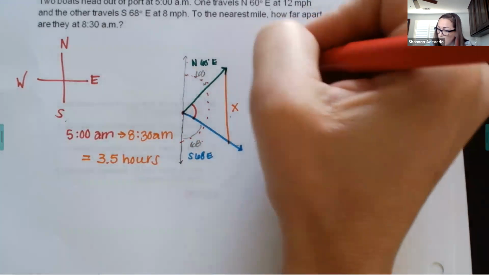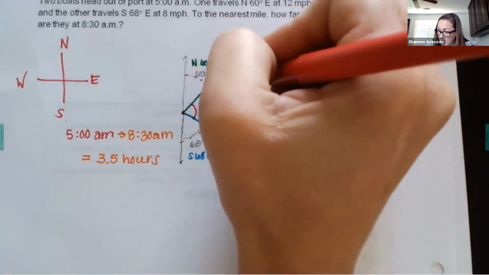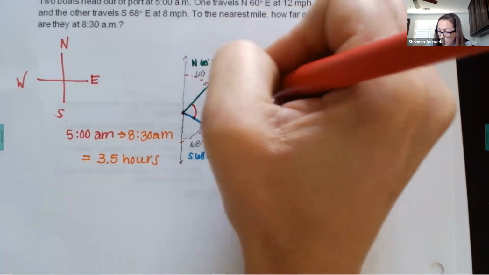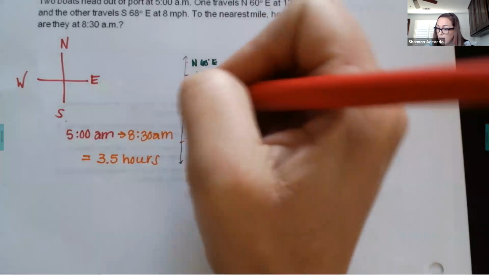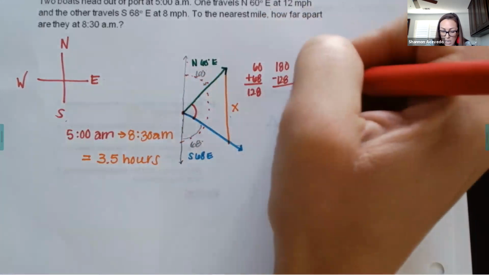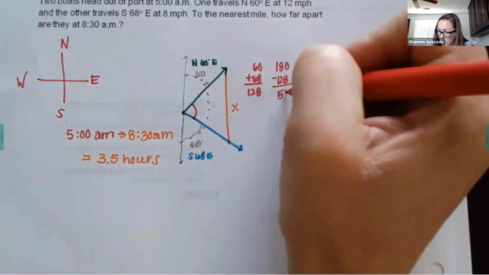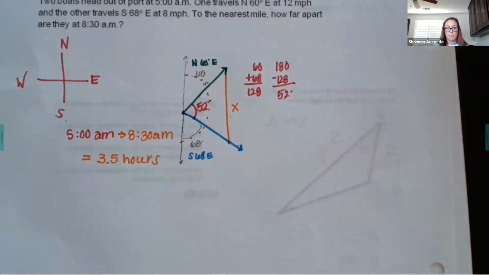So I know then my 60 degrees plus my 68 degrees, which is 128. These two angles are going to add up to 128. And this middle angle is going to be 180 minus that 128, which is going to give me 52 degrees. So this angle right here is 52 degrees. I got one piece done.